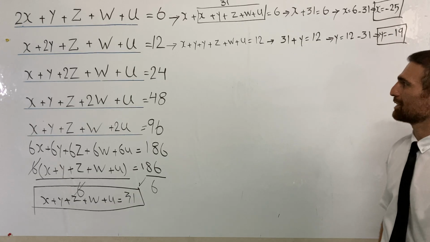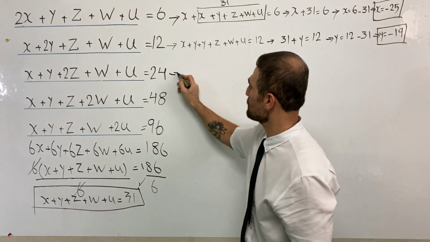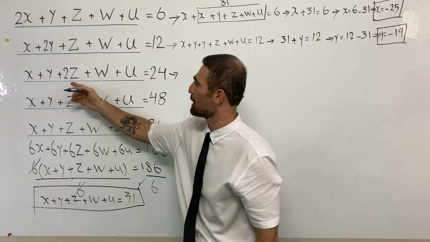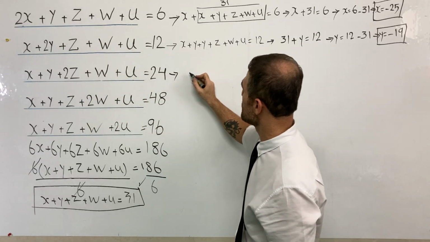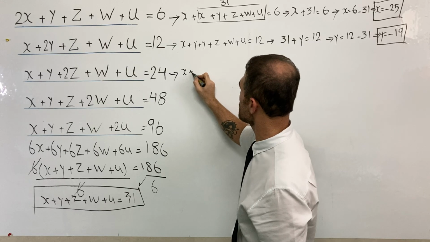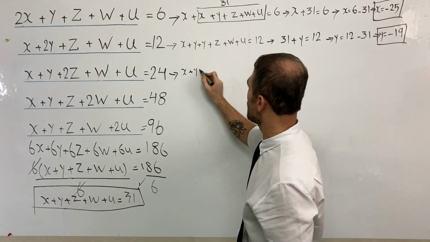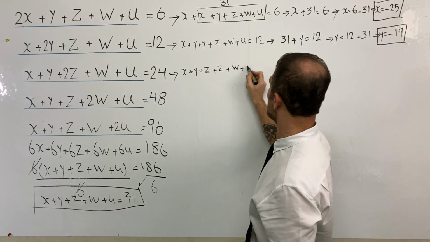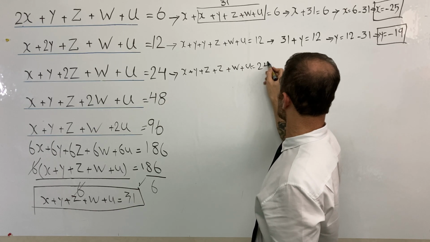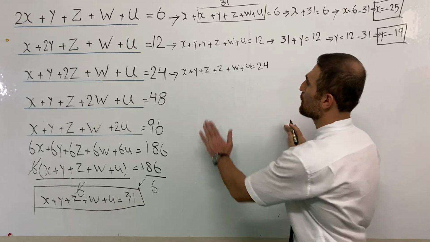How exciting. Next one. What is x plus y plus 2z plus w plus u? Again, like last step. It is going to be x plus y, 2z can be written as z plus z, plus w plus u equals 24. Let me cover one z.